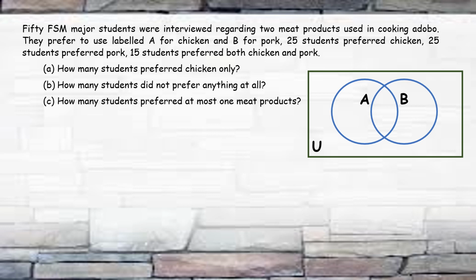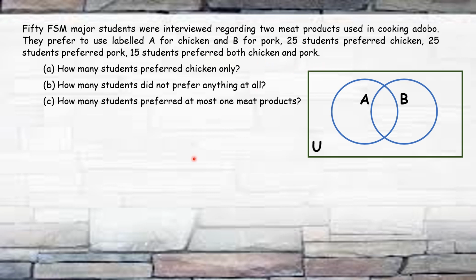While you are reading the worded problem, you can actually draw it one by one. So, label A for chicken, and B for pork. So, kung chicken adobo ba or pork adobo. Sabi dito, 25 students preferred chicken, 25 preferred pork. 15 daw ang preferred ng parehas chicken and pork.